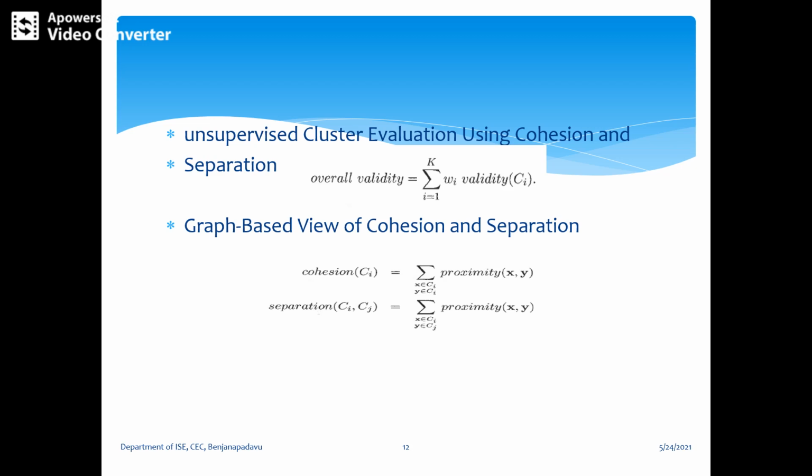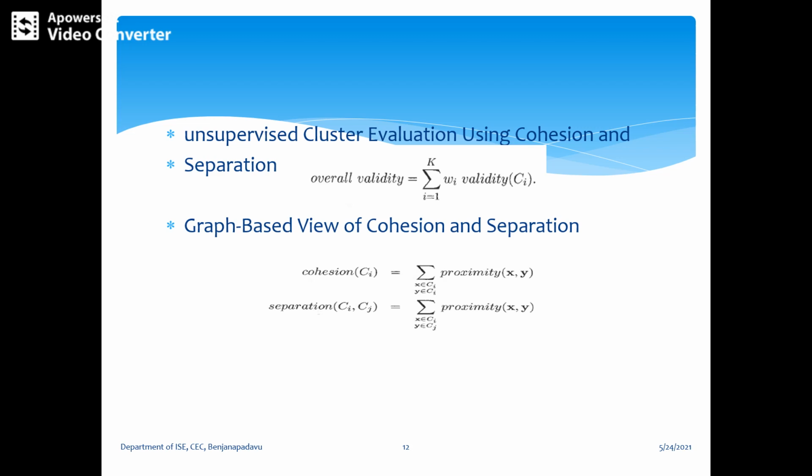So in general, we can consider expressing overall cluster validity for a set of K clusters as a weighted sum of the validity of individual clusters, so that we can take it in the form of this equation. Overall validity equals the sum from i equal to 1 to K of wi times validity of Ci. Now let us see what the validity is. The validity function can be cohesion, separation, or some combination of these two quantities.